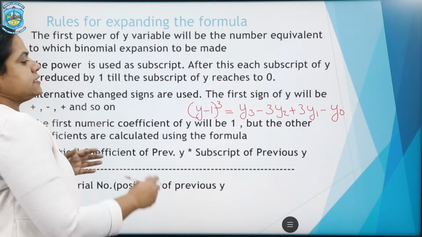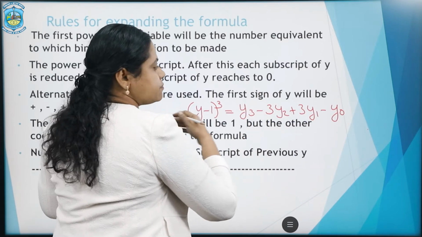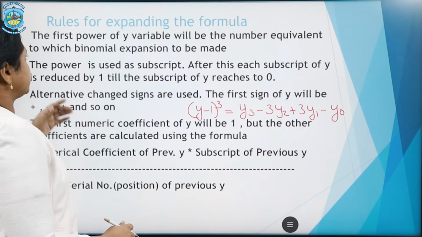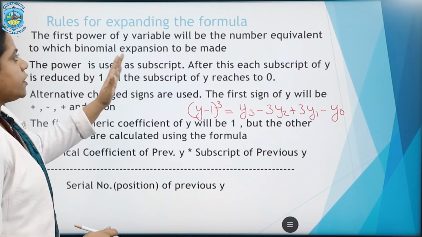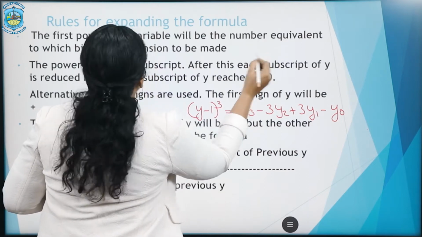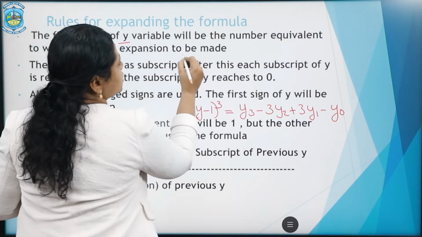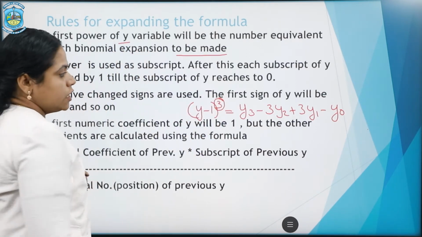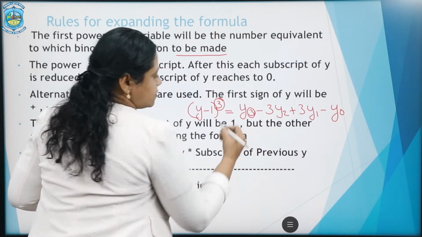Let's see how this binomial expansion is made, how these numerical coefficients come in this expansion. The first power of y variable will be the number to which the binomial expansion is to be made. Here the binomial expansion to be made is 3, so the first power is also 3. Clear?